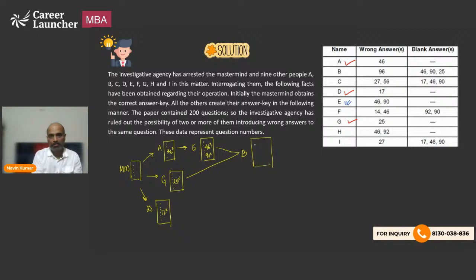At question number 25, that person is confused, so he's going to leave question number 25 blank. At question number 46, he's confused. At question number 90, he's confused. But B has to introduce his own mistake. That mistake is going to be question number 96. So we know now that B has two sources, E and G.